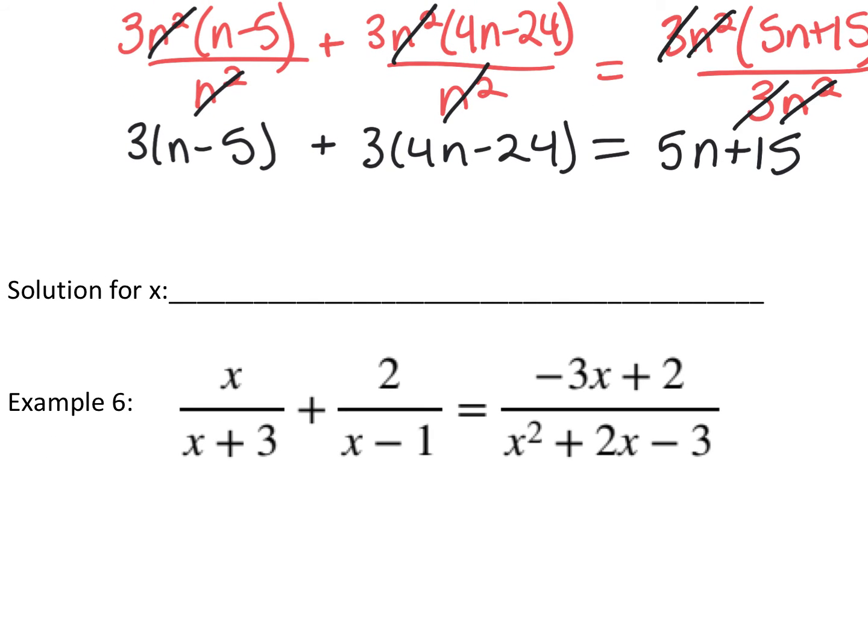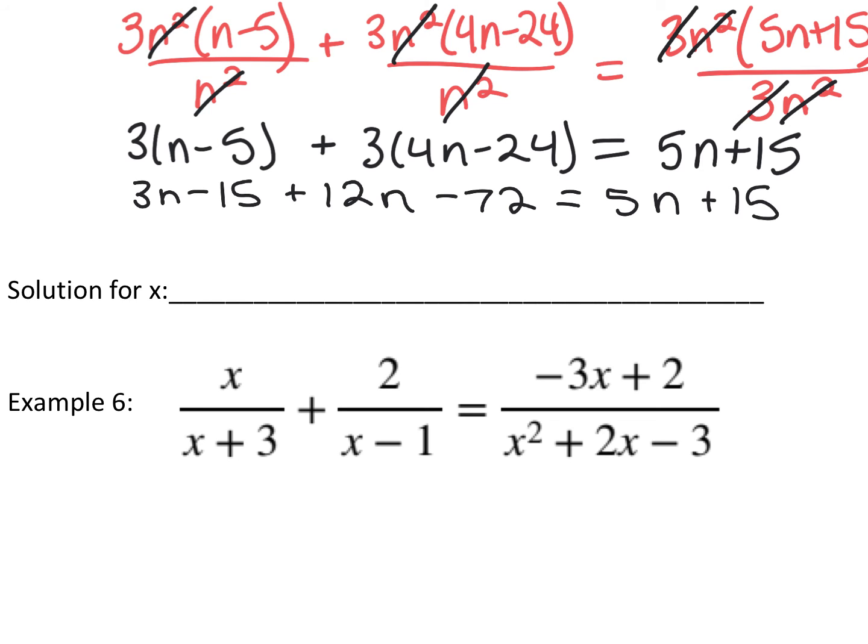Okay. First, distribute. Yep, distribute. So what are we gonna get? 3n minus 15 plus 12n minus 72. Good. Combine like terms. What are my like terms? 3n and 12n.